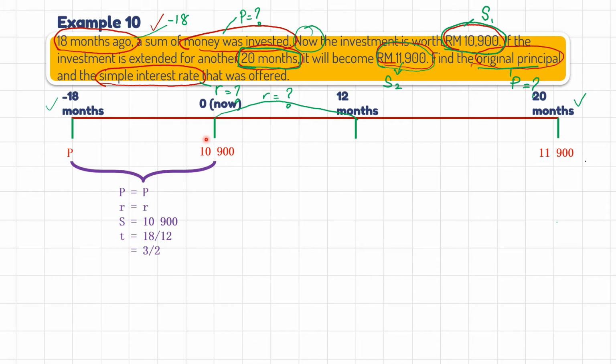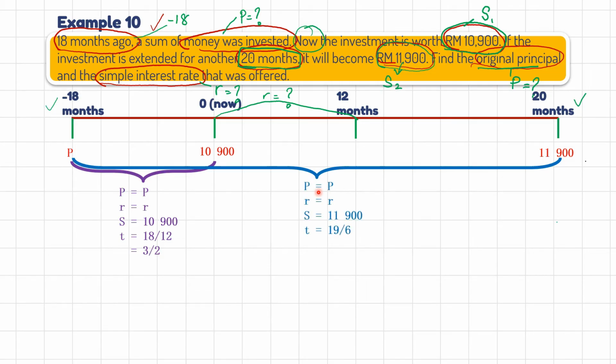Next, we are going to have another timeline, which is represented in blue color. This timeline will be from negative 18 months to 20 months. The information that we have for this timeline is as follows: P equals P, R equals R, S equals 11,900 ringgit, and our T is 19 over 6.